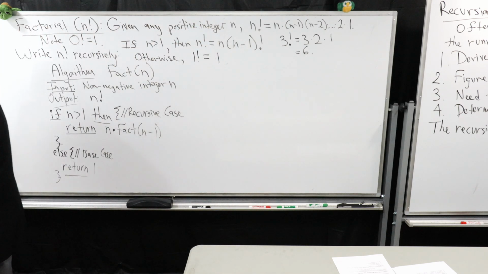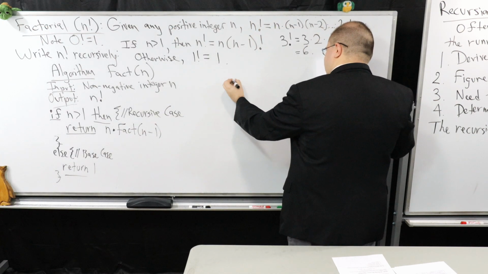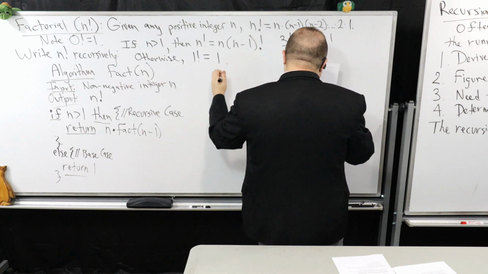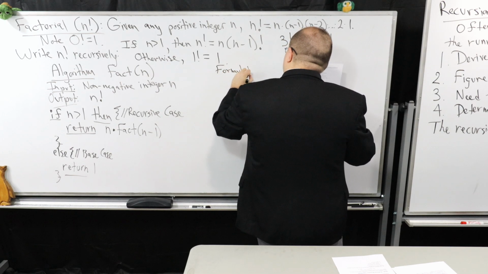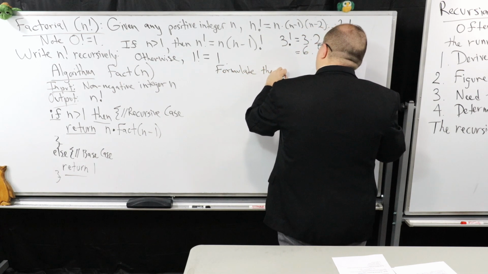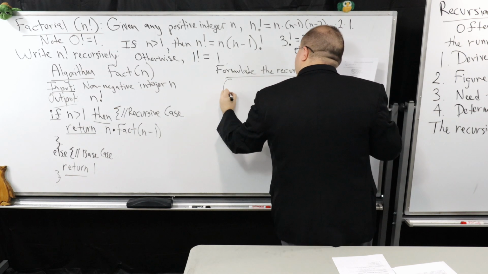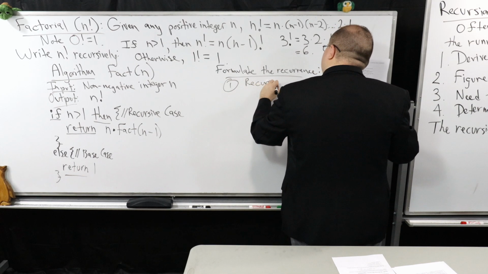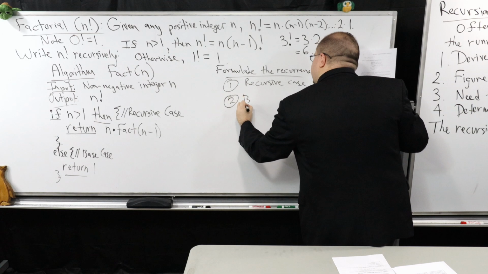So when I do the analysis here, there are 2 pieces you need to take into consideration. I'm just going to quickly note this for the sake of time, but I go into more detail in the notes, so take a peek at that. When you formulate the recurrence relation, there are two main parts. There's your recursive case that you need to consider, and then there's the base case.